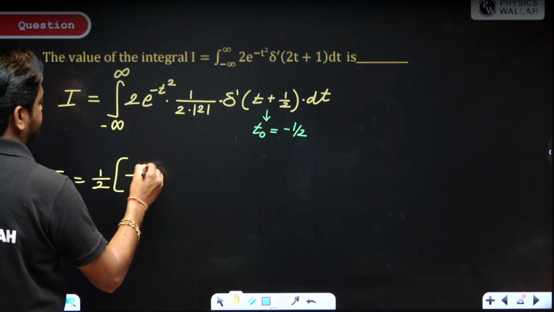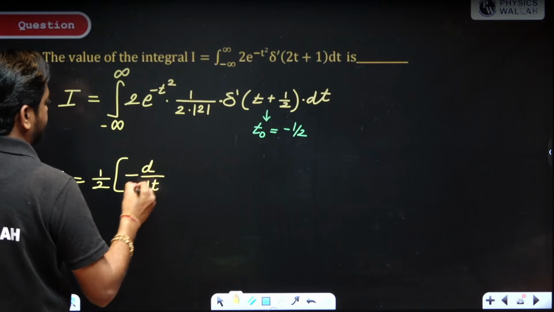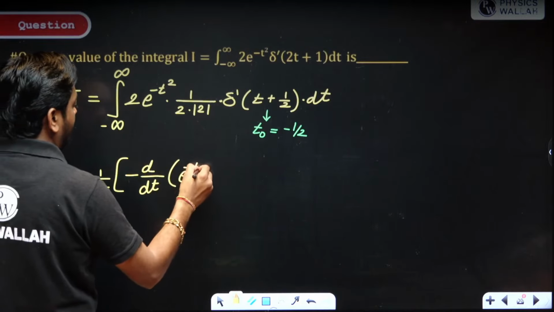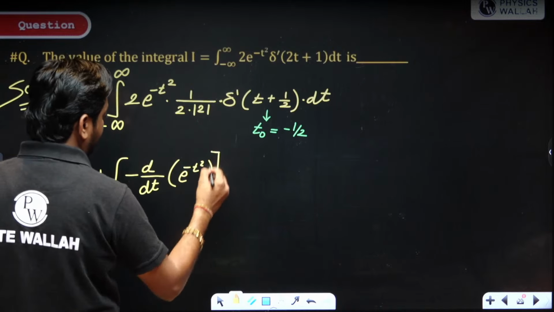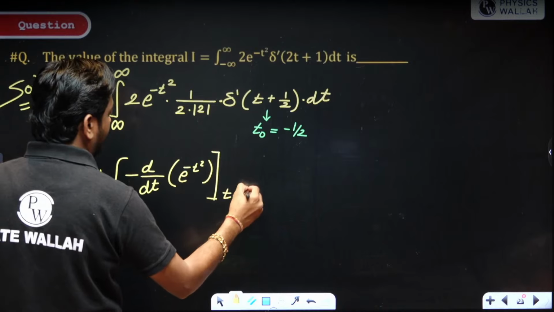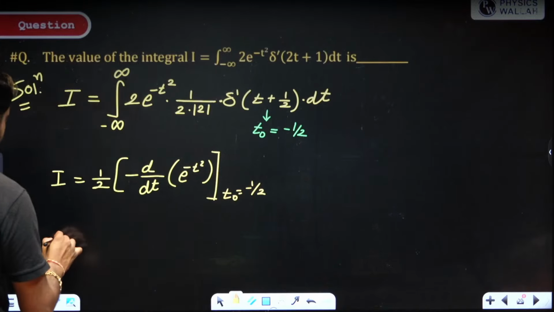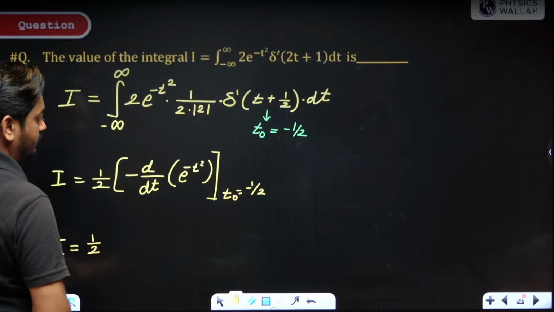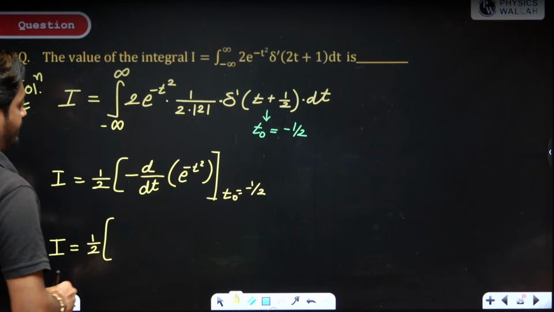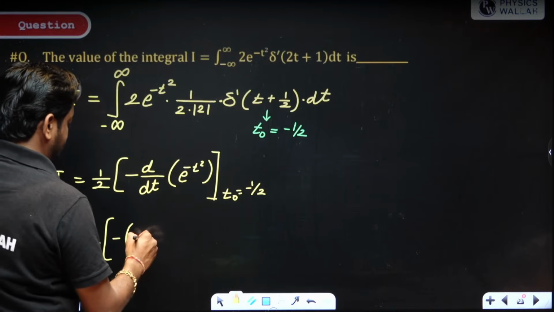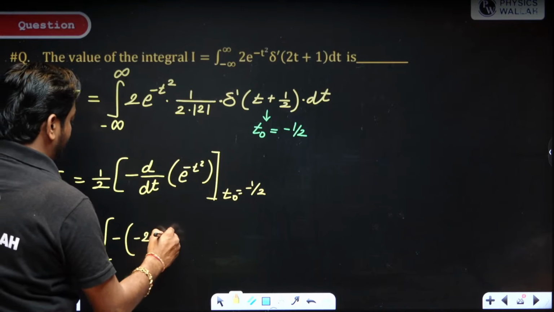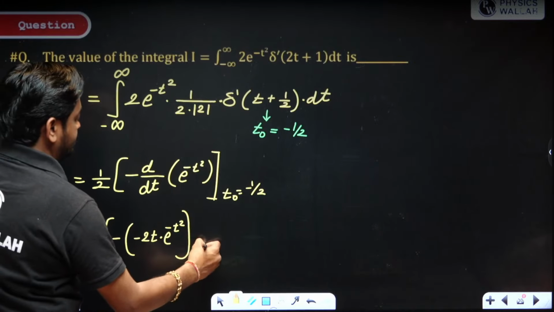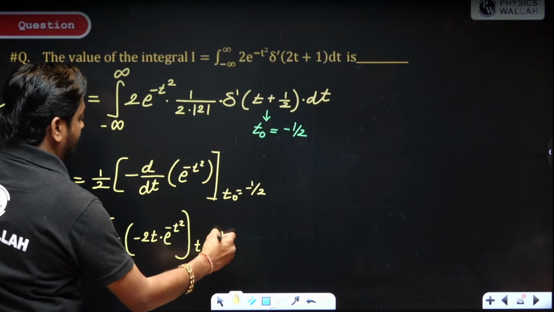Now the property: minus d by dt, differentiation of x of t. This is the x of t, guys. The 2 gets cancelled out, minus differentiation of e to the power minus t square, and put t naught is equal to minus 1 by 2. So this is 1 by 2, bracket, differentiation: minus 2t into e to the power minus t square, and put t is equal to minus 1 by 2, guys.